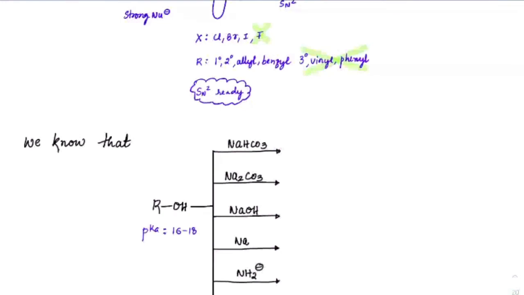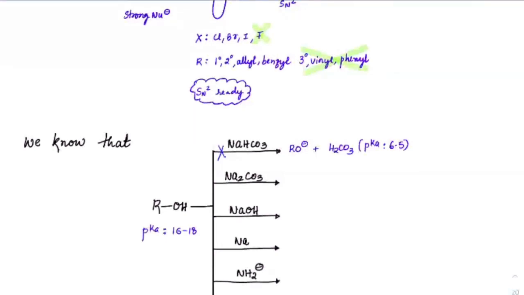Suppose ROH reacts with NaHCO3 and you expect it to form RO minus plus H2CO3. Here H2CO3 has a pKa of around 6.5, so it is more acidic, and this reaction won't take place.